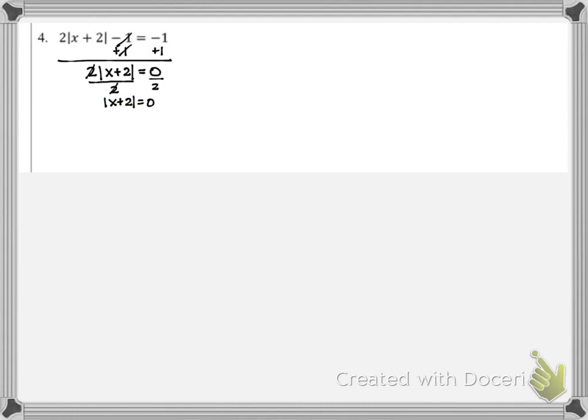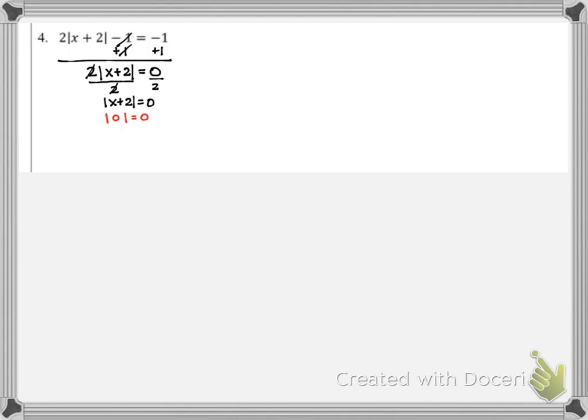So I think about, what number, if I take the absolute value, gives me 0? Well, the only number that is 0 units away from 0 is 0. This is the scenario where you're only going to get one answer, because 0 is neither positive nor negative, so we don't think about two numbers being no units away from 0.